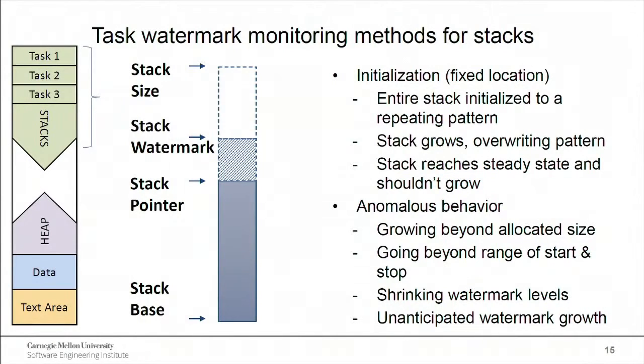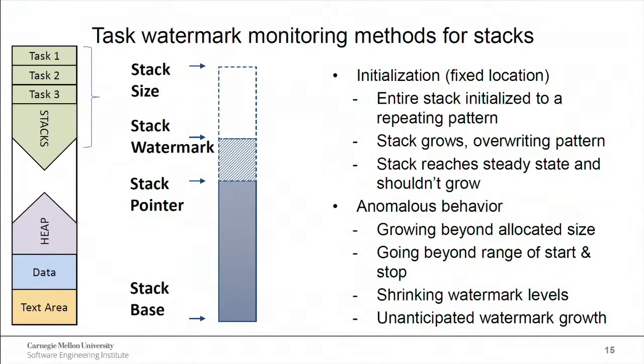And so based upon some of that information, I can identify anomalous behavior. If I grow beyond the allocated stack size, huge problem, right? I've not given my task enough stack to run in. And if I actually go backwards, if I shrink, that's a piece of anomalous behavior that I want to see as well.